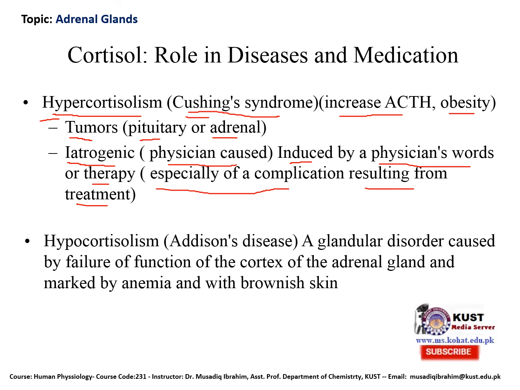Now another condition or disease is hypocortisolism, which is also known as Addison disease. So what is happening in Addison disease?